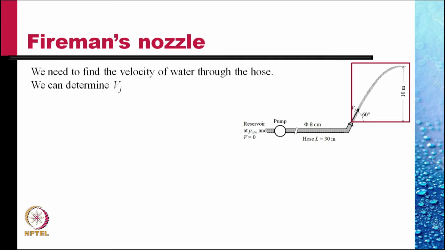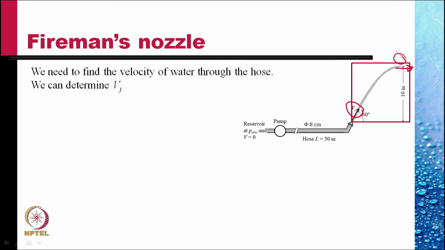The horizontal component to begin with is Vj cosine 60 degrees, that is Vj by 2. So, the velocity at the upper end is simply Vj by 2, there being no vertical component.